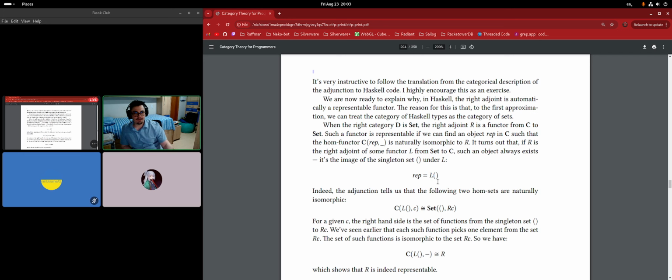I don't follow how, if this is true, how do we know that the object that satisfies this condition here is unit?